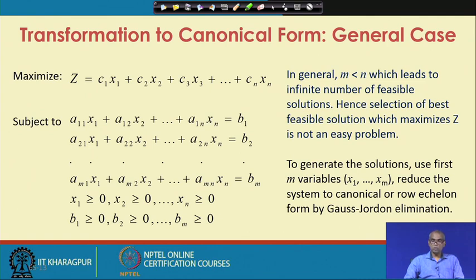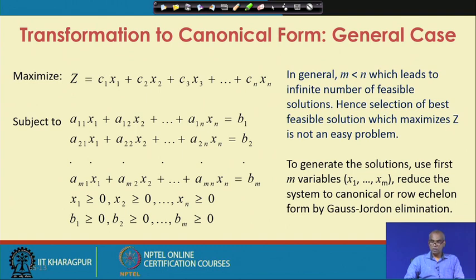So, I can choose any m variables and then can reduce the system to a canonical form or row echelon form. So, the remaining variables I can set to 0 and can solve for m variables. Because you have n variables and m equations, in that case you can solve only for m variables.